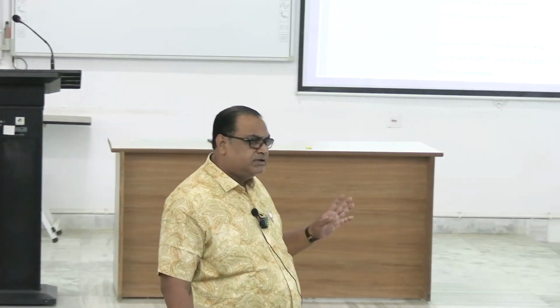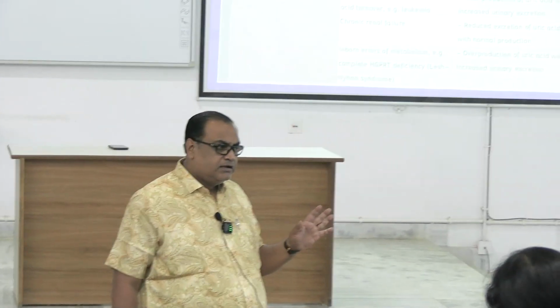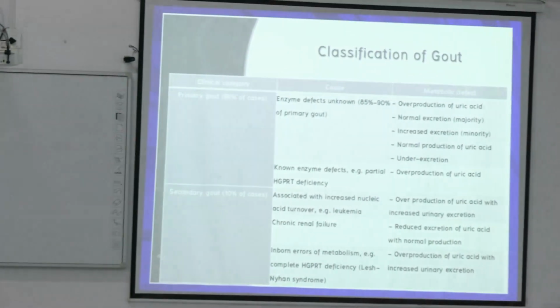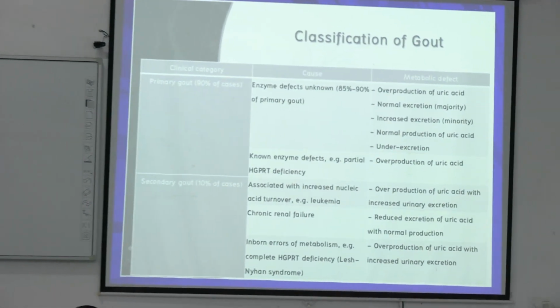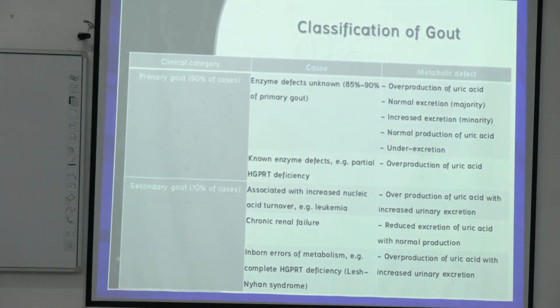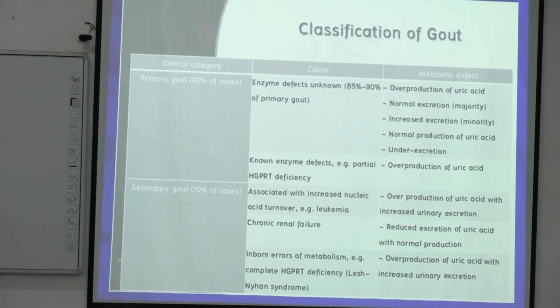Complete deficiency means in either way HGPRTase is helping to reduce uric acid. How? Try to understand, then only I will explain later on. How does HGPRTase help in reduction of uric acid?